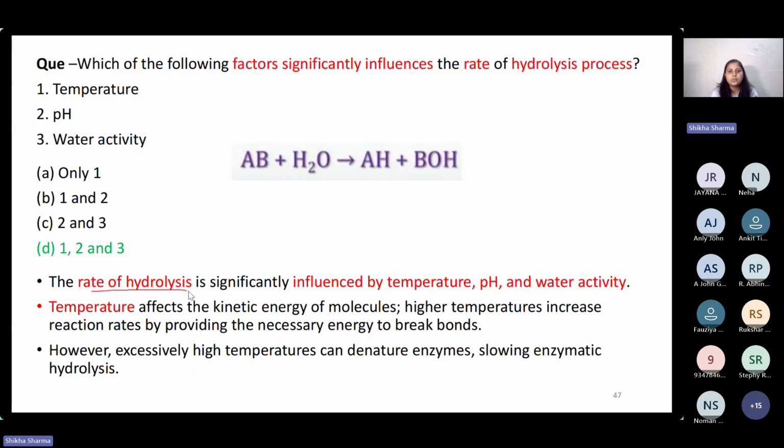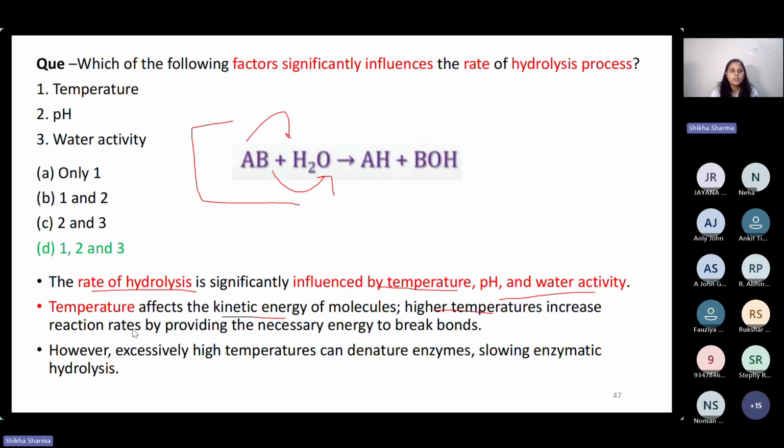So the rate of hydrolysis is affected by the temperature, pH, and water activity. This is the hydrolytic reaction where B is reacting with water, and A goes with H, and B with OH. The temperature affects the kinetic energy of the molecules.